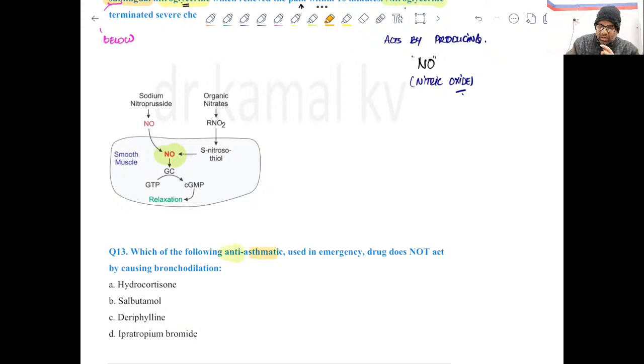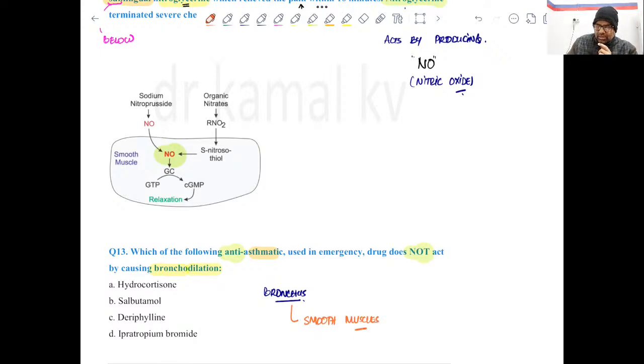Then moving forward, which of the following anti-asthmatics does not cause bronchodilation? Now, in the bronchus there are smooth muscles, clear?